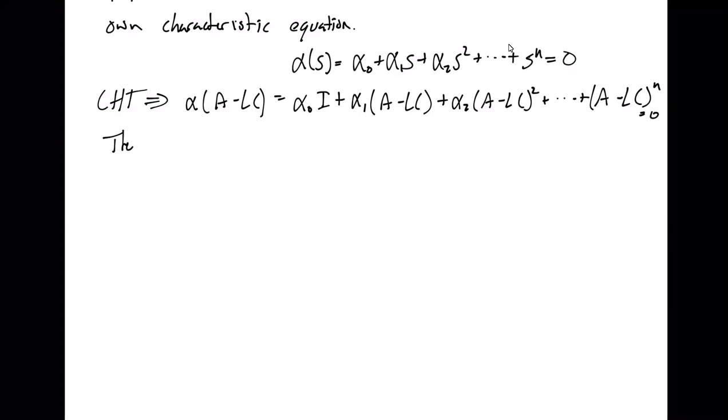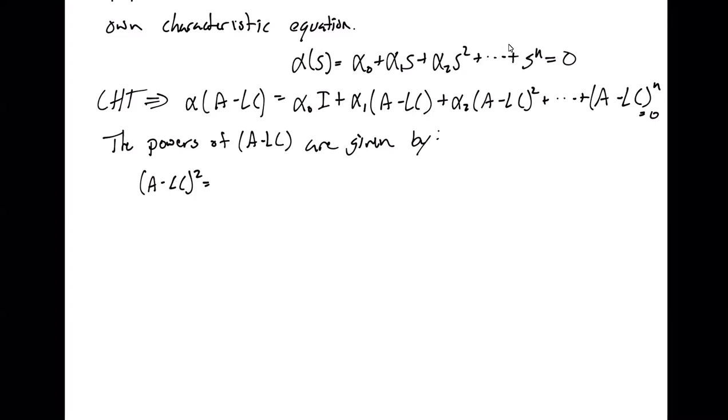So the powers of A minus LC are given by, let's start with, we don't have to start with A minus LC to the power of 1 because that just is. But we start with A minus LC squared, okay?